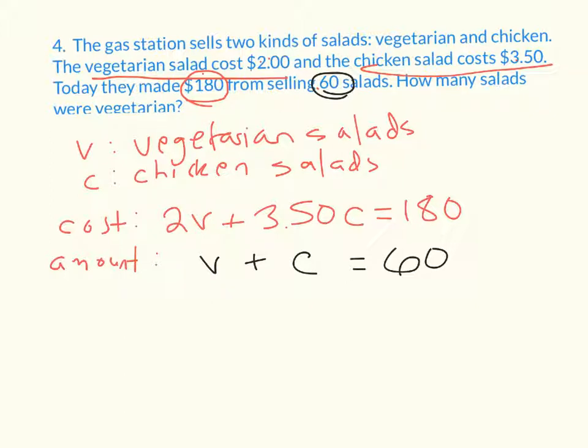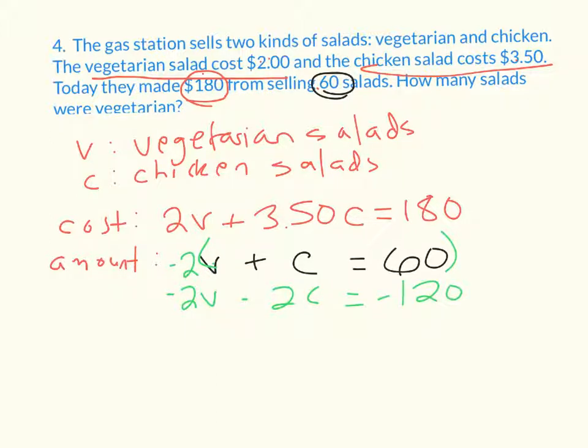And now it's elimination method. So if I'm eliminating, I gotta get the same number. So let's multiply by -2 here. We get -2v minus 2c equals -120.